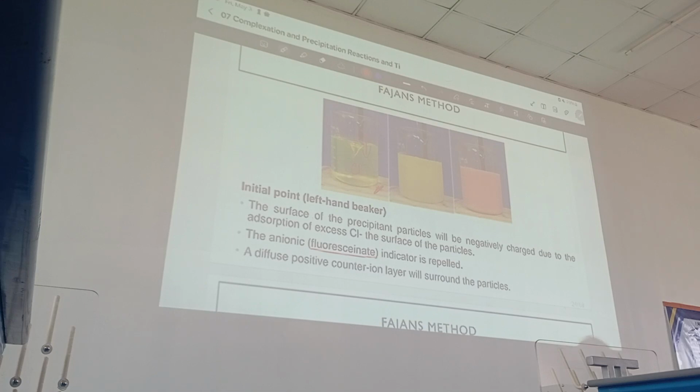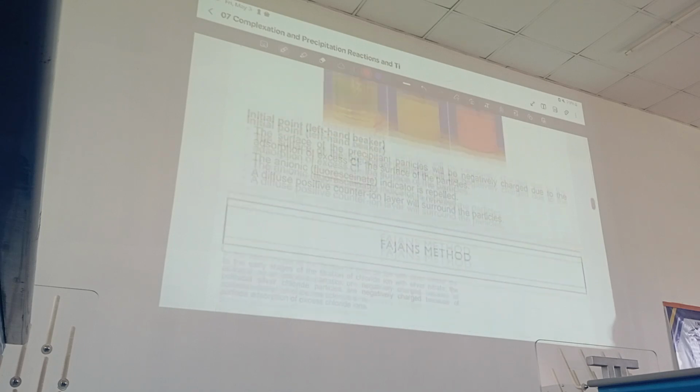It is like what's inside a glow stick, it is fluorescent. A diffuse counter-ion layer with surrounding particles. That is the first one.